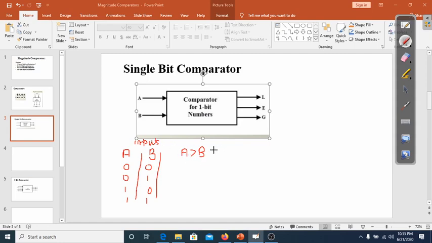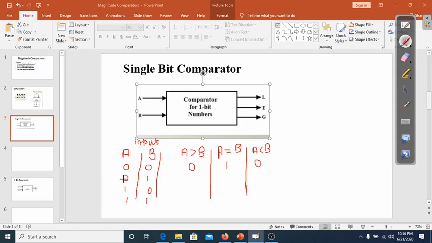The first possibility is A greater than B, the second is A equal to B, and the third is A less than B. In the first case, A and B are both 0, so A and B are equal. The output for equal is active, and the other outputs would be 0. This circuit will compare and the result will be this output being active.